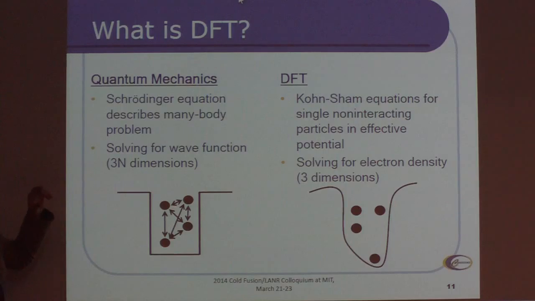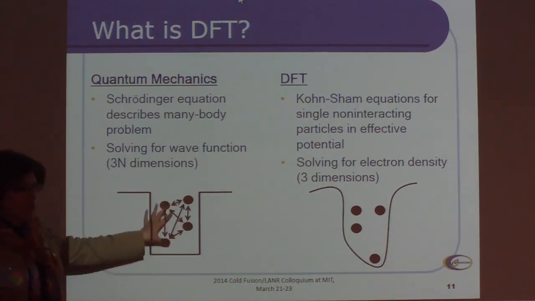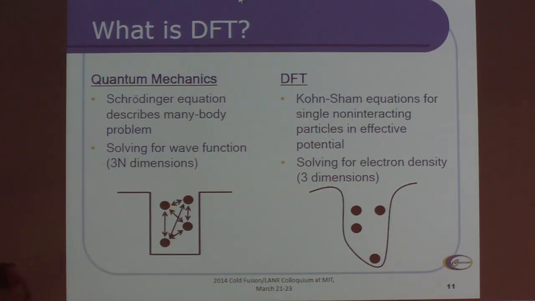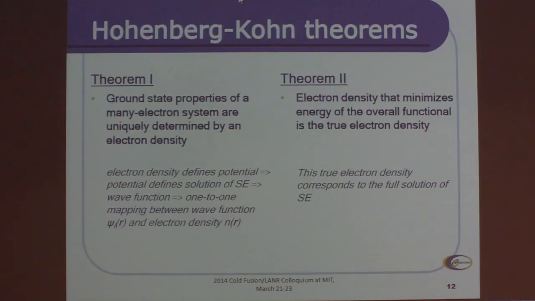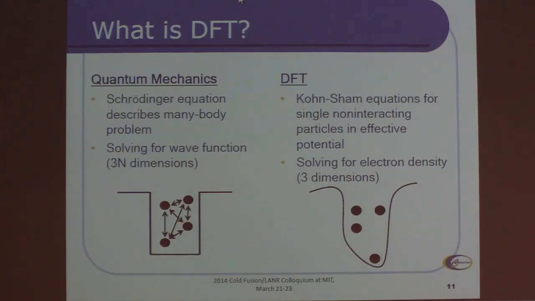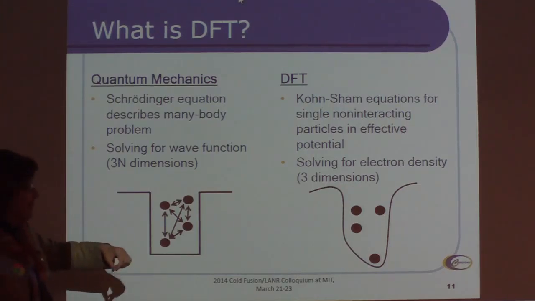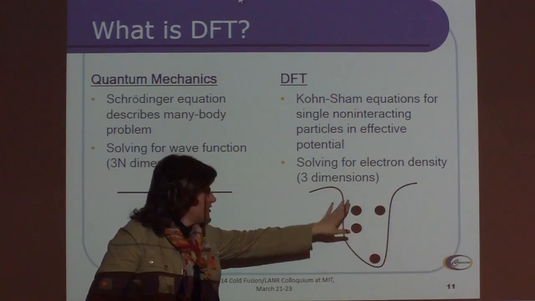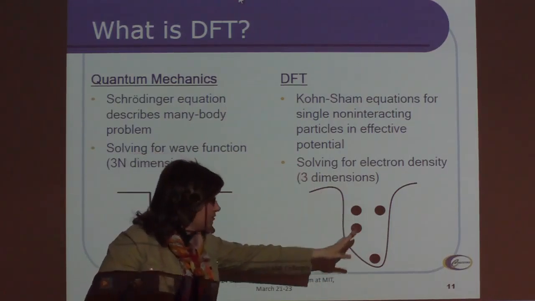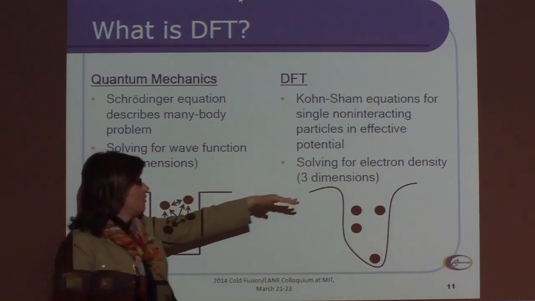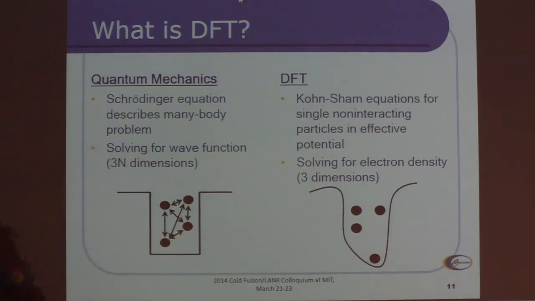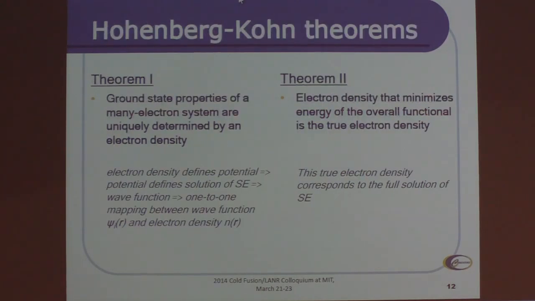So right now, instead of all those interacting particles in the potential, we're looking for, well, I'll wave my hands if you guys don't. So we're looking at those non-interacting particles in the effective potential, and now we solve only for 3 dimensions. So immediately we have a tool which we can load to the computer and start solving. But who says we can do this?